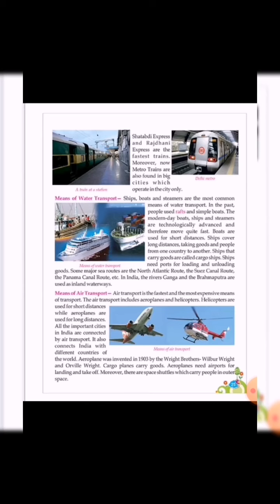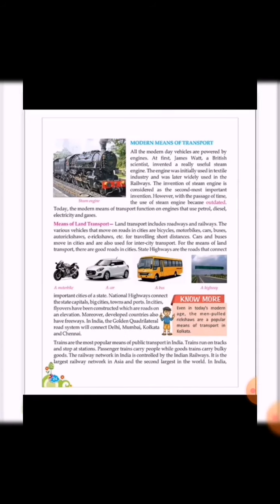Okay. Now, I'll explain it to you. That is land transport. Just now I read that land transport includes roadways and railways. So for roadways, we need roads for smoother and faster movement of vehicles like cars, buses, e-rickshaw, etc. These are used for short distances as well as for intercity transportation.